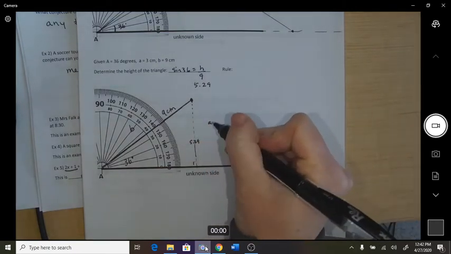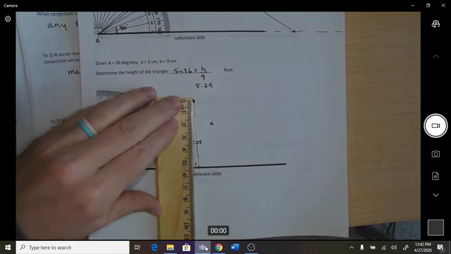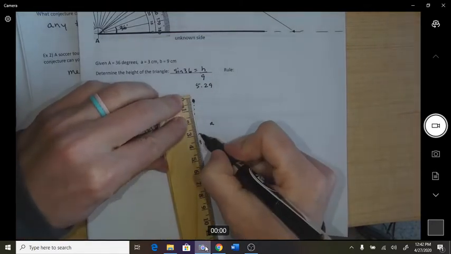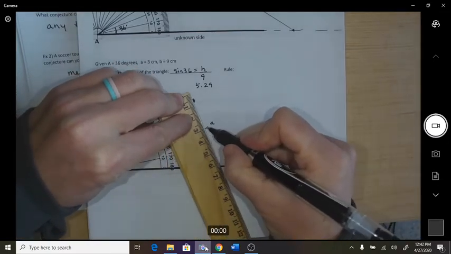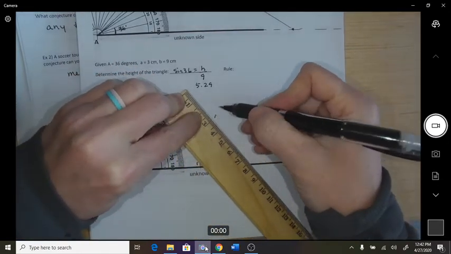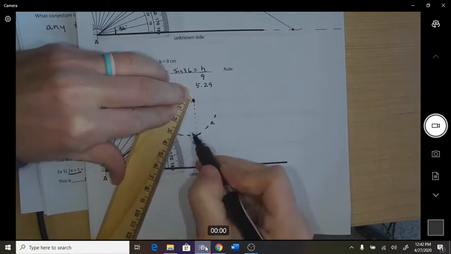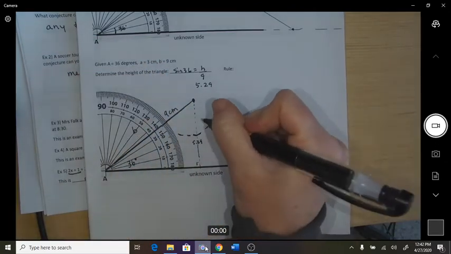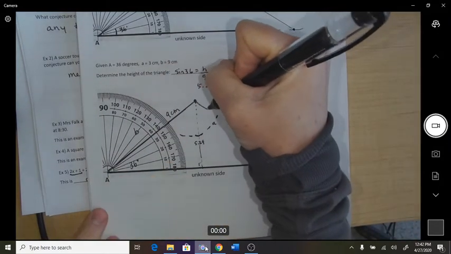Okay, and I want side A to be 3. So if I think about 3, 3 is this distance. Three is never going to reach that bottom line and form a triangle.